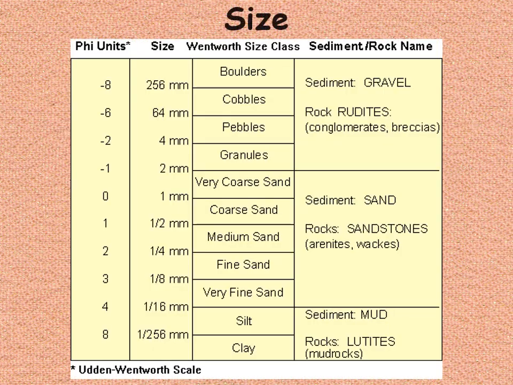Now, the first texture which we already studied previously is the sedimentary size. This is the firstly proposed and, till date, the most accepted sedimentary size classification, the Udden-Wentworth grade scale, which is a modified version of the previously published Udden scale, and this scale was published in 1922.